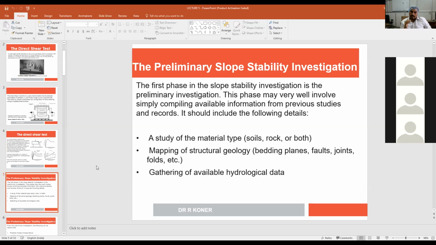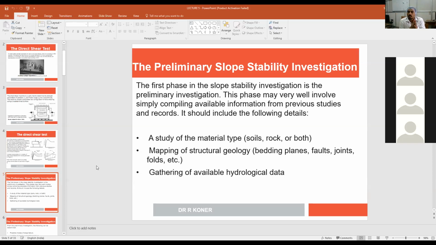Now, after understanding this aspect, we can focus on the primary slope stability investigation. This is basically the first step of my whole investigation of slope stability. In the preliminary stage, what will we do?